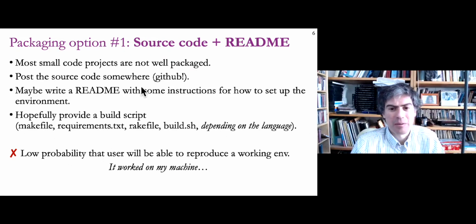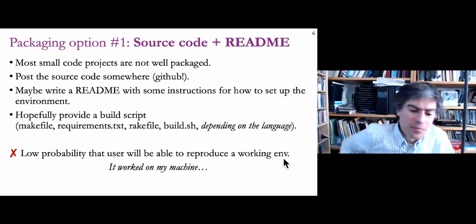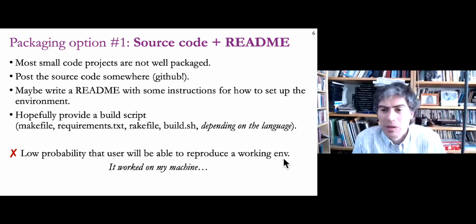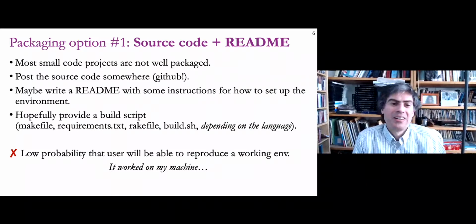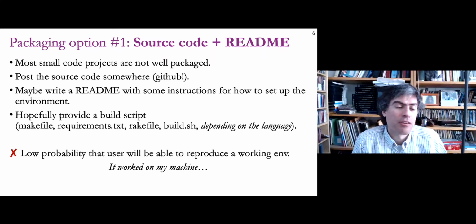There's generally a low probability, if you distribute source code, that the user will be able to reproduce a working environment if all you give them is a README file or one of these language level compilation tools. So it might have worked on your machine, but it probably won't work on someone else's machine unless they're lucky or they put in a lot of work to figure out how to fix the things that go wrong when they try to compile it.